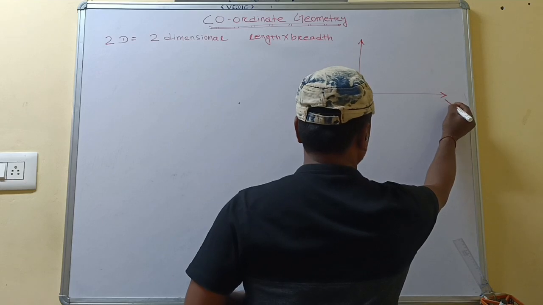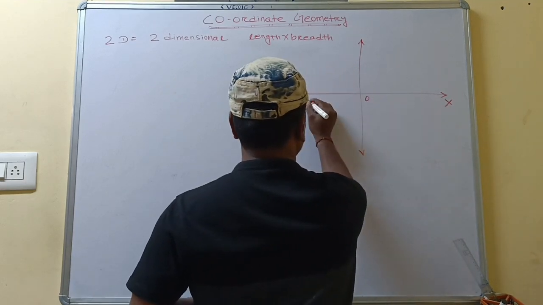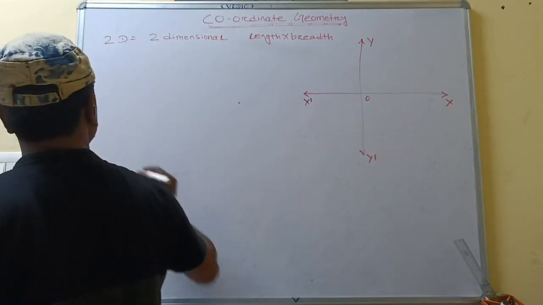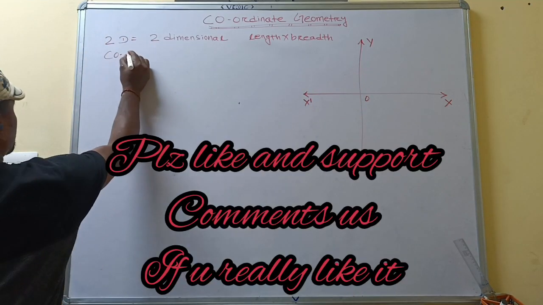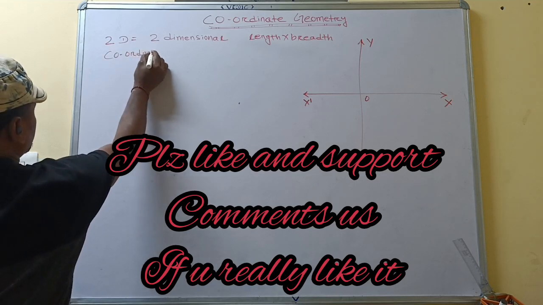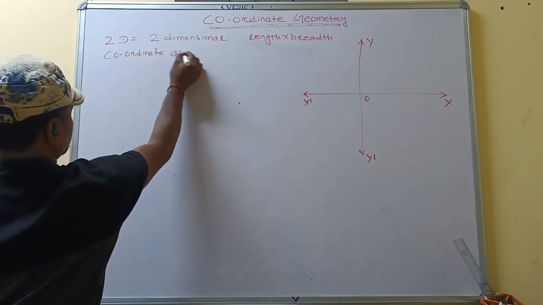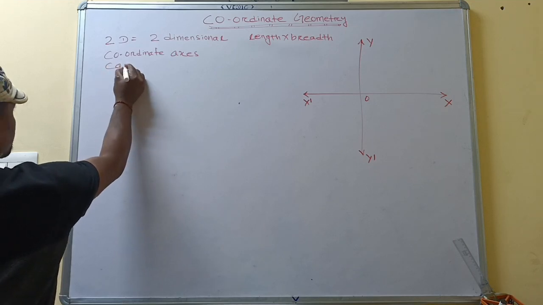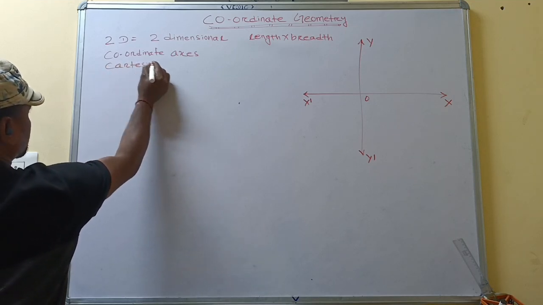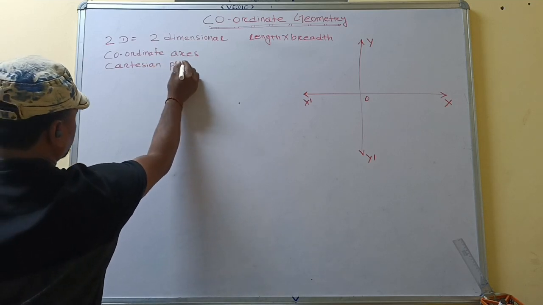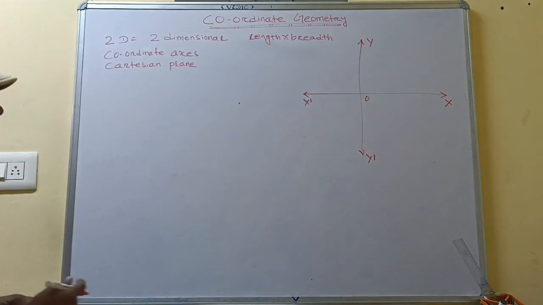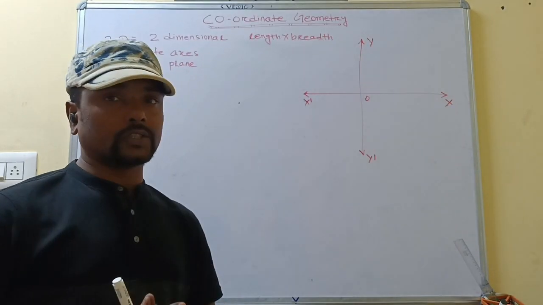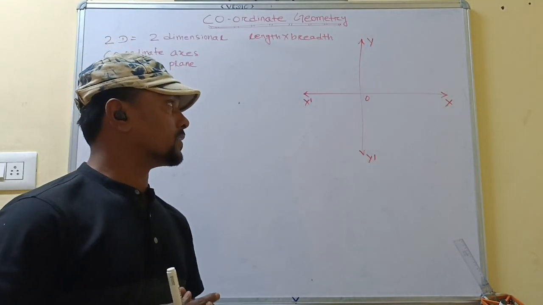This is known as the Cartesian plane, or we can say it is the coordinate axes. Here it has two axes, one is the x axis, another one is the y axis.